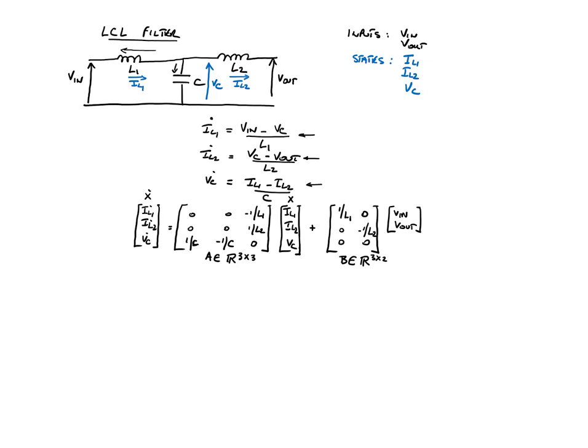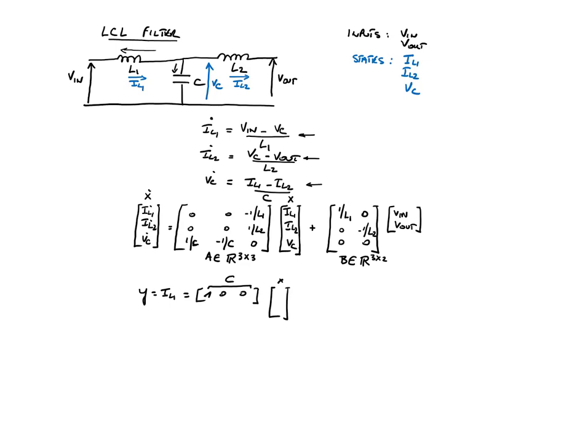For instance, let us assume that only EL1 is measured, then Y is EL1 and the C matrix selects the first element, so we have 1, 0, 0.